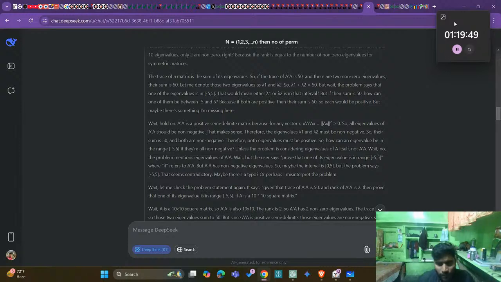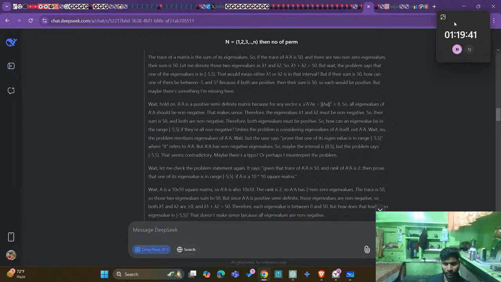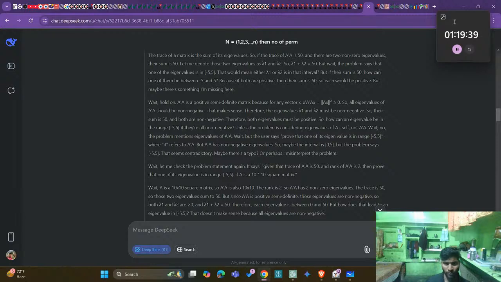So how can an eigenvalue be negative if they are all non-negative? Unless the problem is considering eigenvalues of A itself, not A'A. Wait, no. The problem mentioned eigenvalues of A'A.